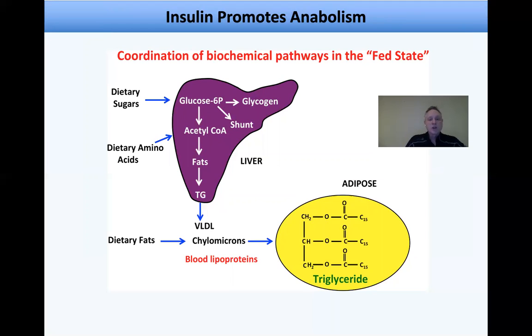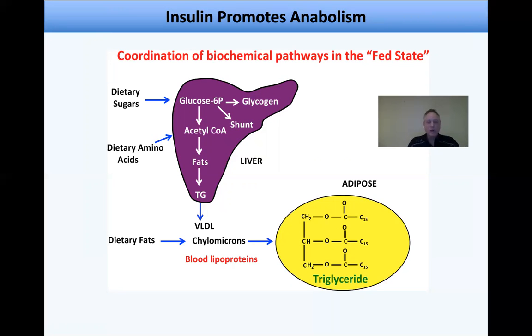And so if you have an excess amount of glucose being consumed, then what happens is that you make fats and triglycerides, and then we're going to see that the triglycerides will be packaged into very low density lipoproteins, VLDLs. This is because they're very insoluble.